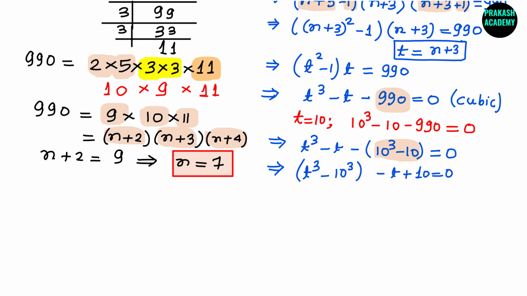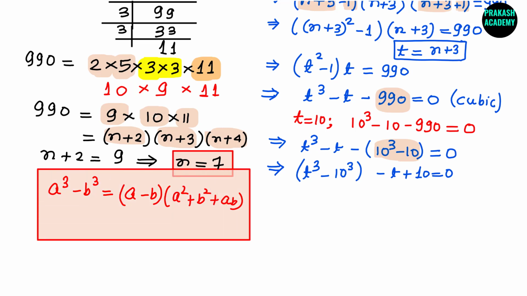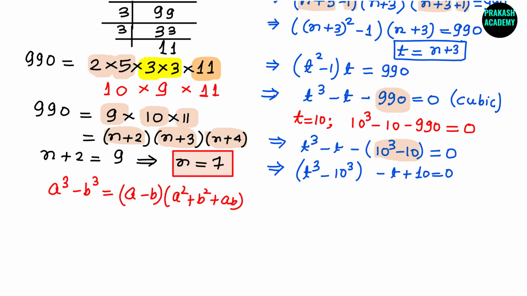Now you remember the formula a cubed minus b cubed. I am writing here a cubed minus b cubed is nothing but a minus b times a square plus b square plus ab. So I will use this formula here. This is the formula that you should remember because it is used many times.